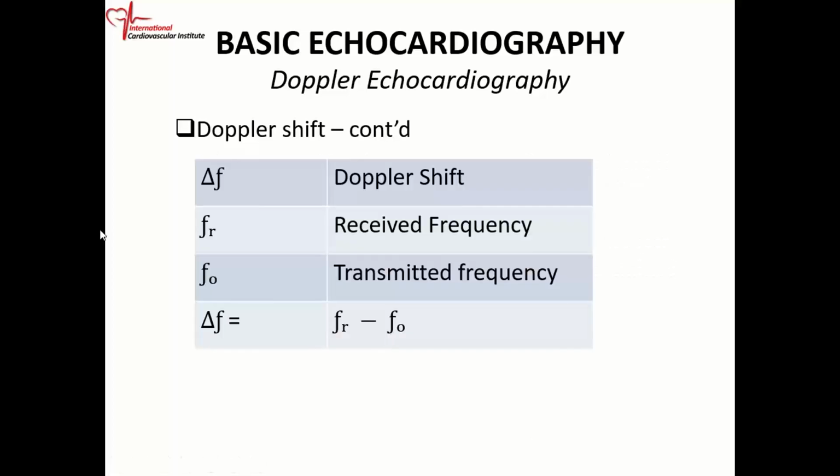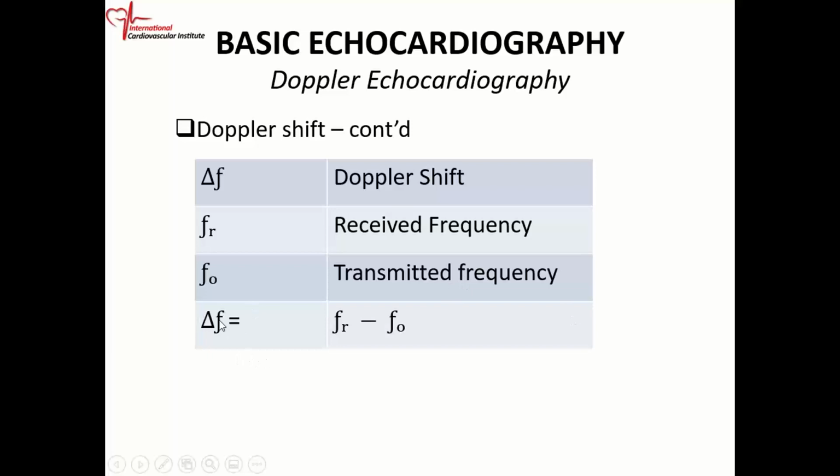If we use delta F as the Doppler shift, and FR as the receive frequency, which is the perceived frequency, what you are observing, and then F naught as the transmitted frequency, the bus moving towards you, the horn has a fixed frequency. That is the transmitted frequency.